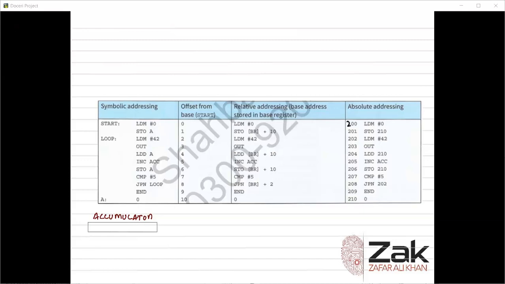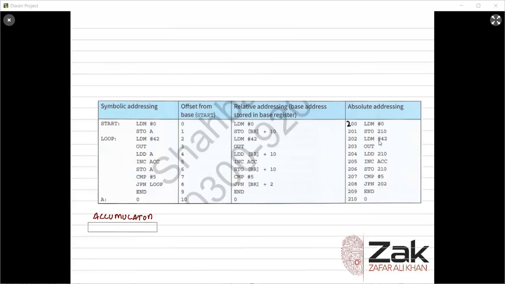Store is the command that takes the data from the accumulator back to the memory. As I told you, the data bus is two-way. It can bring in the data and it can take it out. So when the data is processed, it is finally placed in accumulator. Store takes it back to the main memory. So you just loaded 0 to accumulator, and that 0 will now be saved at address 210.